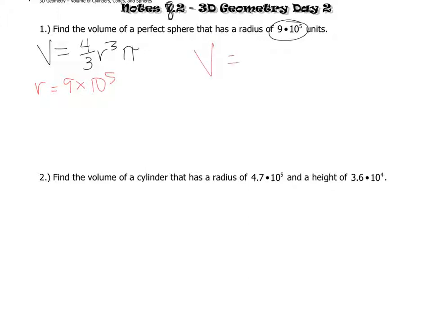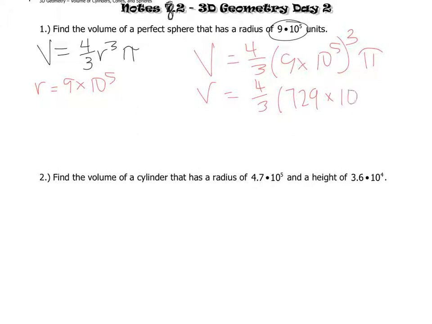So for the volume, it's 4/3 times 9 times 10 to the 5th power raised to the 3rd power times pi. So our volume is 4/3 times, well, 9 to the 3rd power is 729. 10 to the 5th power raised to the 3rd power is 10 to the 15th power times pi.